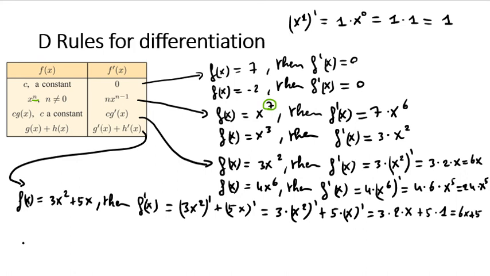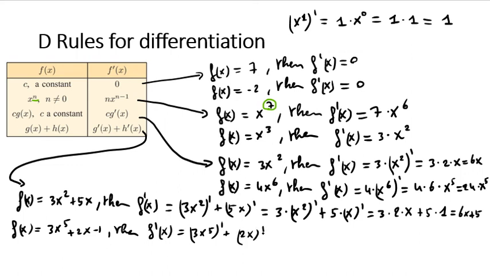Okay, let's take another example. F of x is equal to 3x to the power of 5 plus 2x minus 1. Then we can say that the derivative of f of x is equal to the derivative of the first term, so 3x to the power of 5, plus the derivative of the second term, 2x, minus, because now we have a minus, not a plus, the derivative of 1.